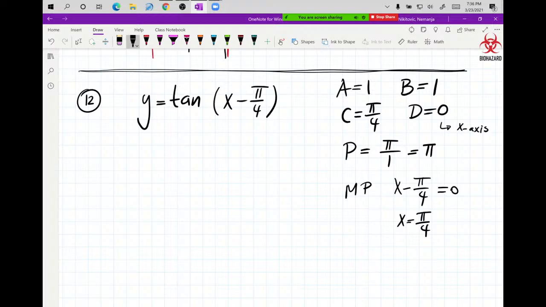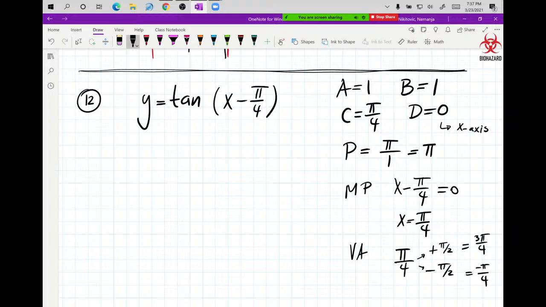And the asymptotes are going to be pi over 4, which is the midpoint, plus pi over 2 and minus pi over 2, right? So this is 3 pi over 4 for one of them, and minus pi over 4 for the other one. Again, your period is pi, half of pi is pi over 2, so that's what we are adding and subtracting on the midpoint. So you will have that, and we have the two of these.